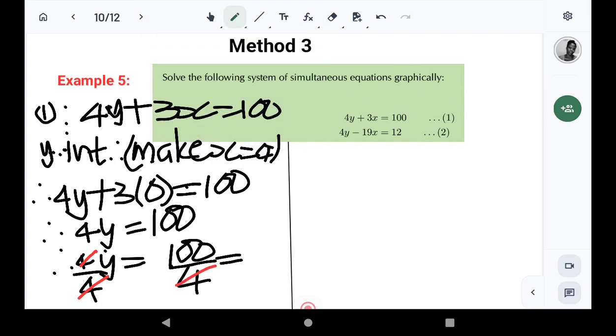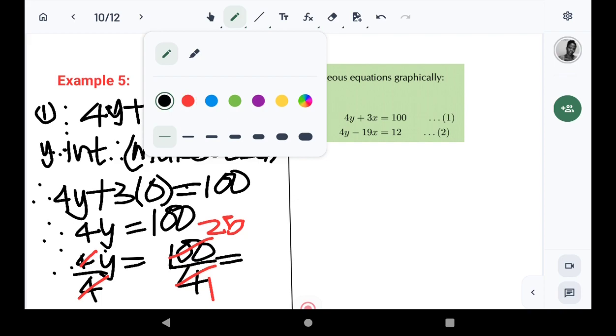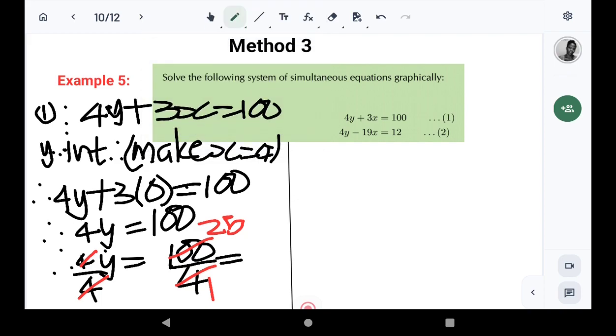Four goes into 4 once and into 100 25 times. Now therefore, y equals 25 is the y-intercept for this graph.